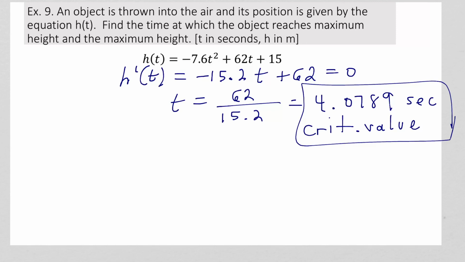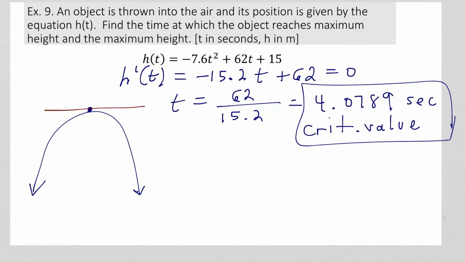So I know that since my first derivative is 0 at this value, and I know that this is an upside down parabola, that could only mean that we're talking about this point right here, because this is the only place on an upside down quadratic which would have a horizontal tangent line. First derivative equal to 0, I'm saying.